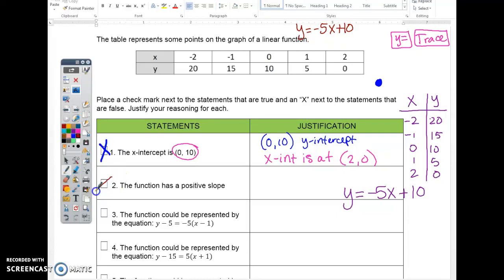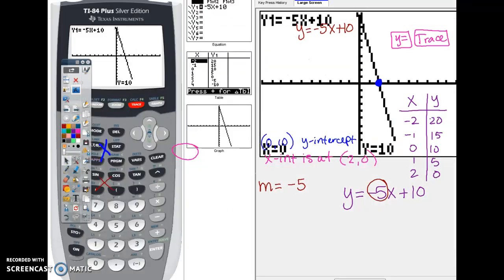So this is false because my slope is a negative 5. Okay, it's right here in my equation. The slope is negative, so there's no way it could be positive. Also, you can look at it on the graph and tell that it's coming down. That's a negative slope. Okay, so any of those would work.